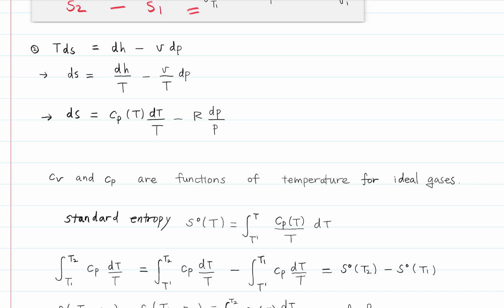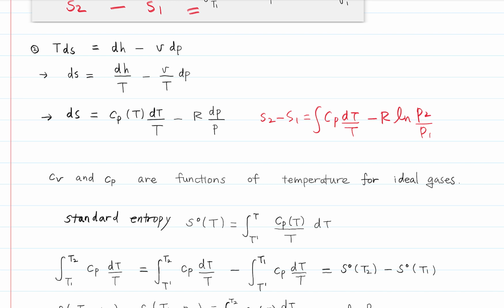From the ideal gas law, V over T equals R over P. So take the integral of these terms: S2 minus S1 equals the integral of Cp dT over T minus R natural log P2 over P1.